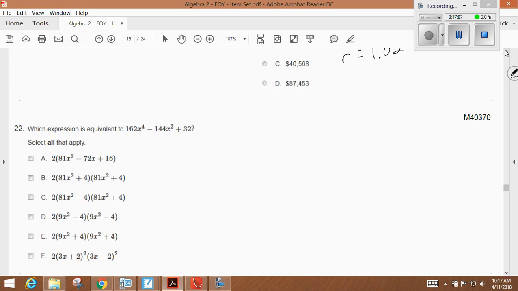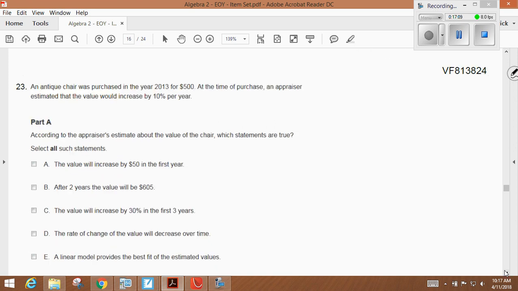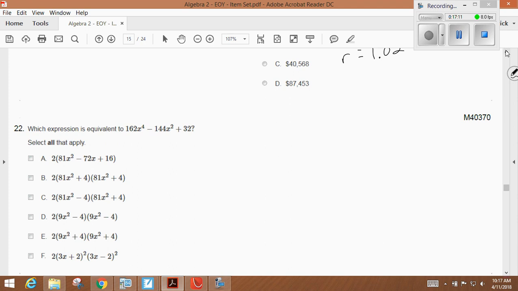This is a great question. Which expression is equivalent to this? Hey, I see all these 2's. Do you think maybe the greatest common factor of all 3 of these is 2? It must be, right?